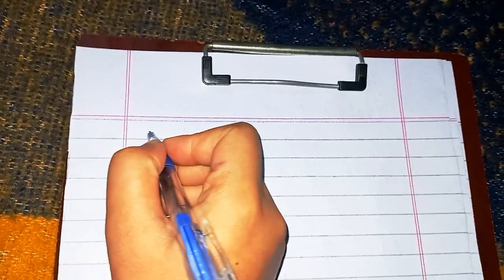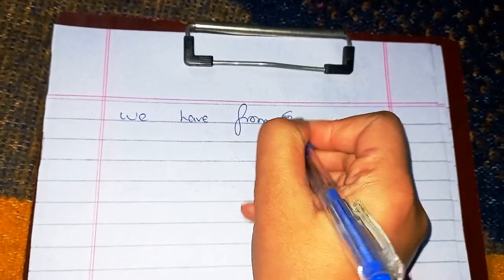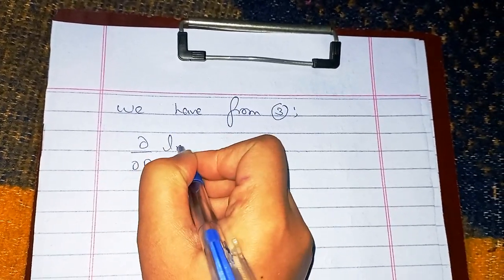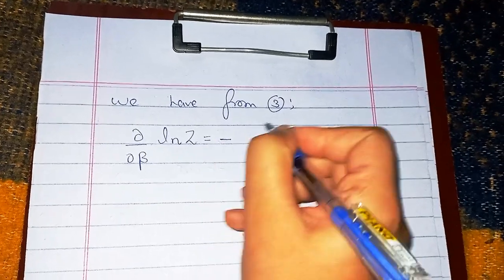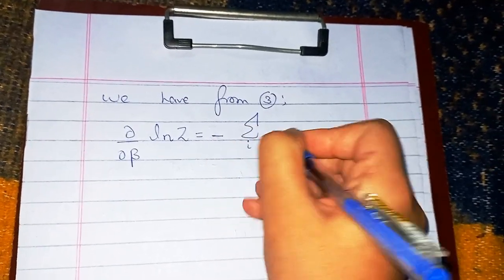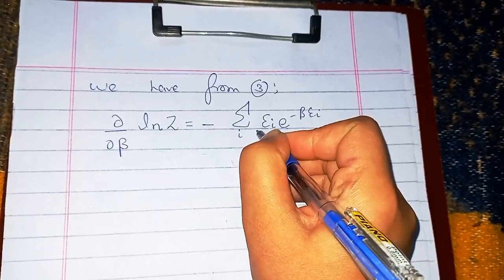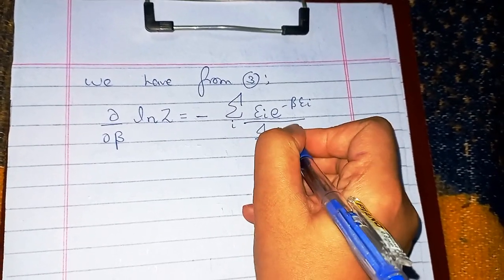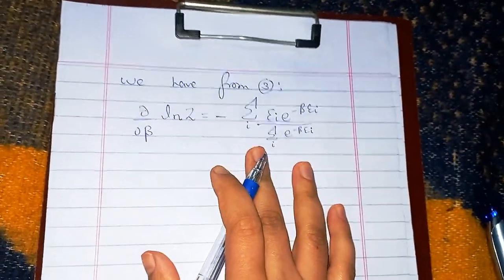And we have from 3, partial by partial beta of natural log of z equal to negative of summation over i of ei e to the power minus beta ei, divided by summation over i of e to the power minus beta ei. That was 3.